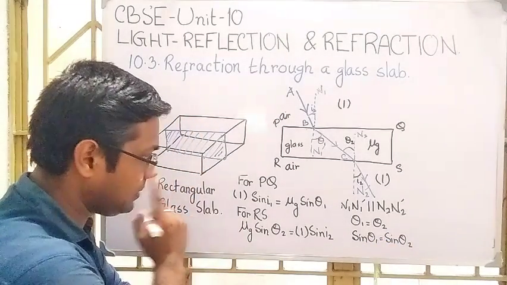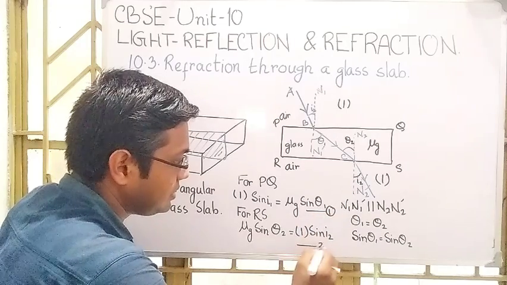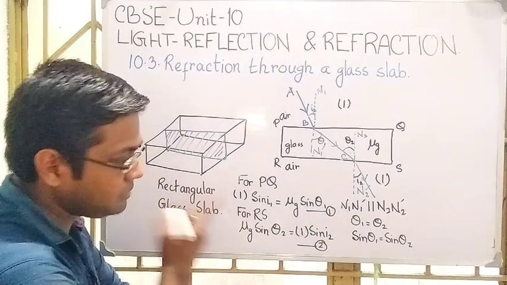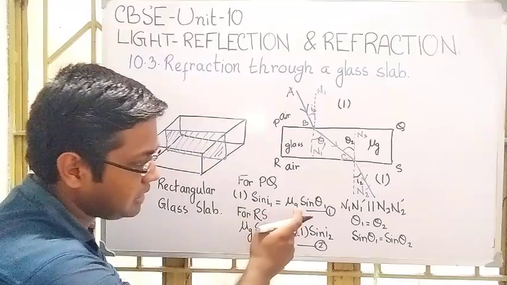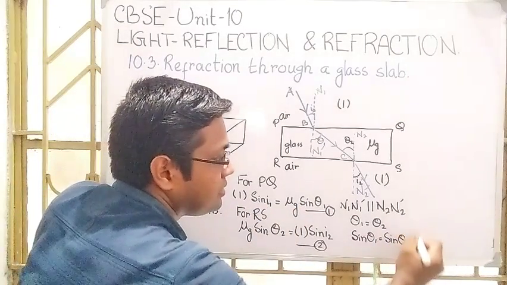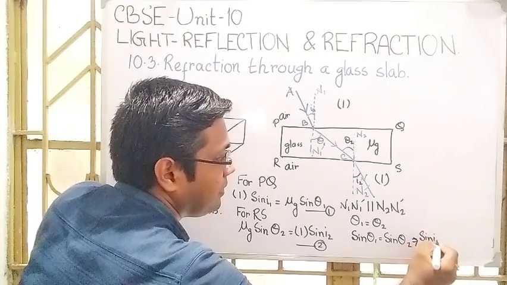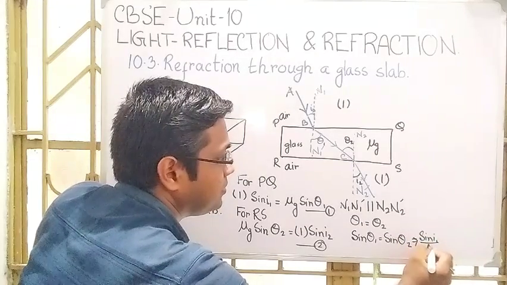Now we call the first expression equation number 1 and the second equation number 2. From the first, sin theta 1 equals sin I1 divided by mu g.